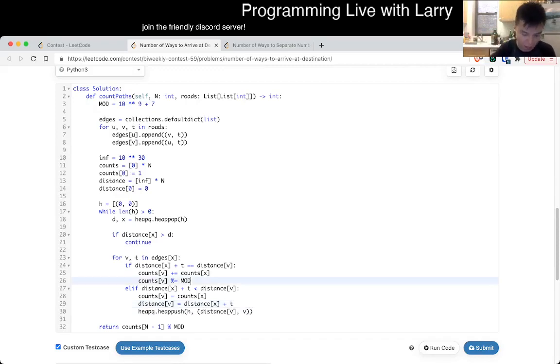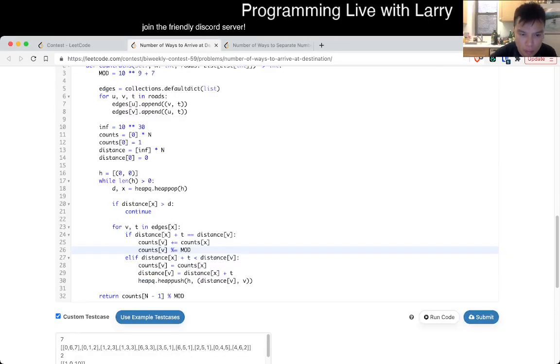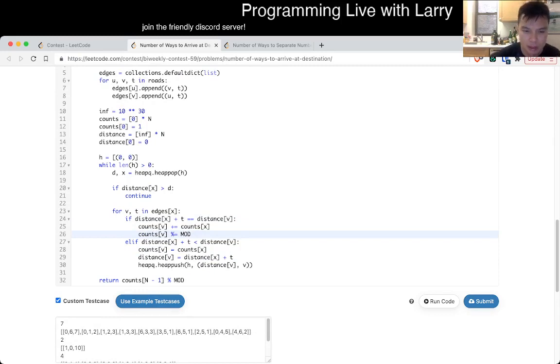Unless my logic is just wrong in general. Unless I have some typo that I'm not seeing. I don't even get it.